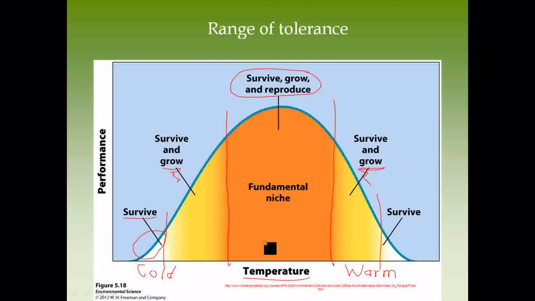So these two sides of the bell-shaped curve, the two tails we call them, on either the left side for cold or the right side for warm, is not the ideal situation. And so the species cannot do all the things that it needs to survive. That's called the fundamental niche. So in this example, the temperature range is the fundamental niche.